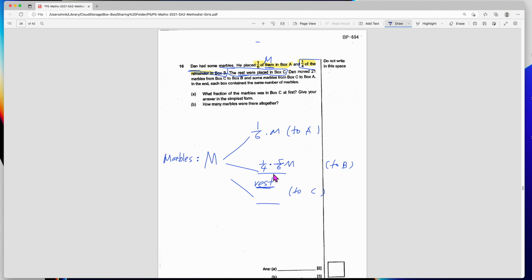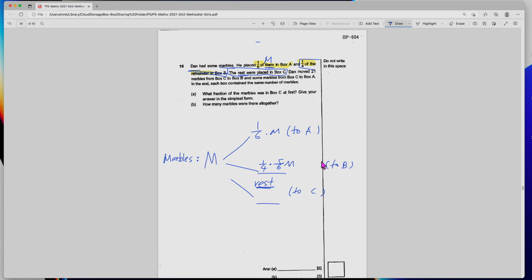One quarter times 5/6. So what's the answer? 5/24.